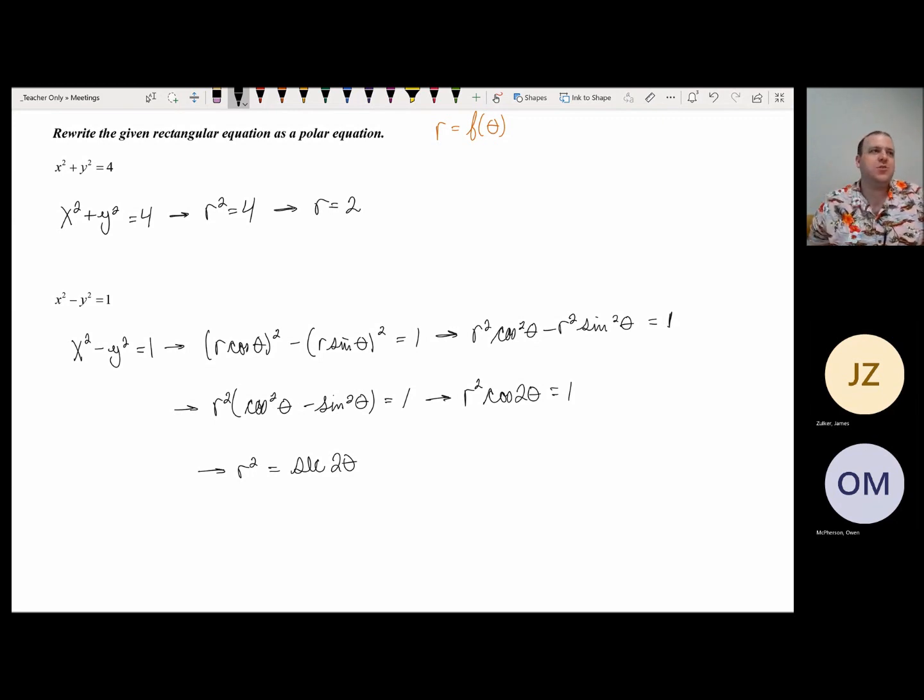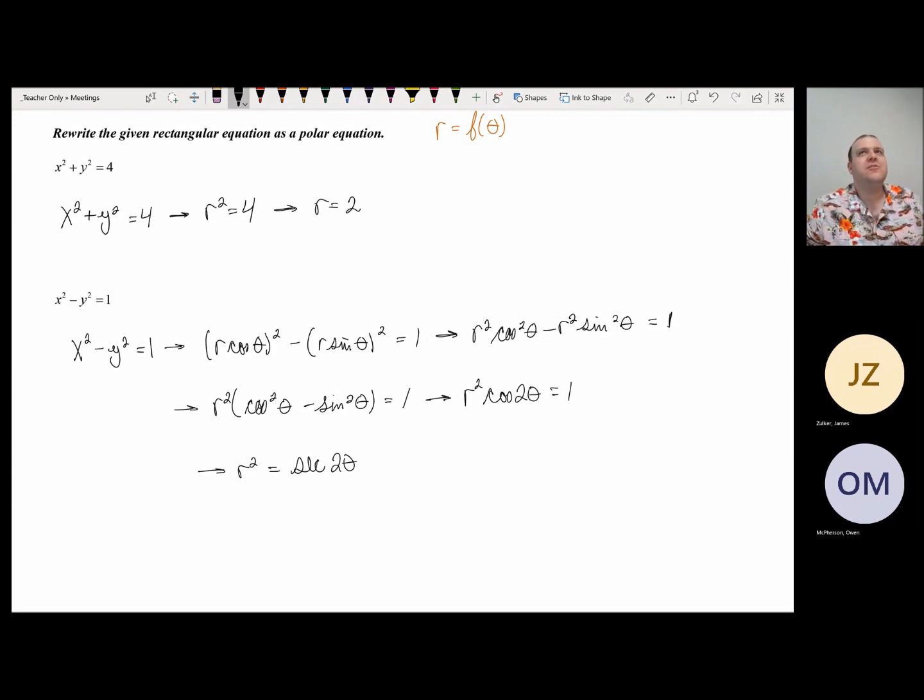Would we be able to take these square roots? What about secant of 2 theta? Technically, it is not.